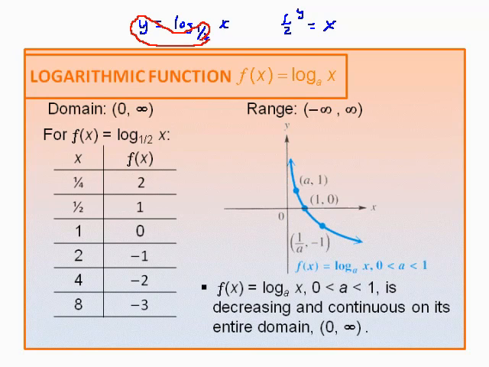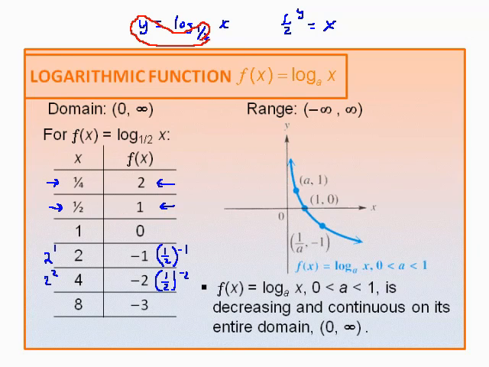All right, so if they put 2 in for y, x is 1/4. If they put 1 in for y, x is 1/2. So they just changed from logarithmic to exponential form to do this. Now notice here, if you say 1/2 to the negative first power, it's that reciprocal rule. It makes it 2 to the first, and you get your point there. 1/2 raised to the negative second power gives you 2 squared, or 4.